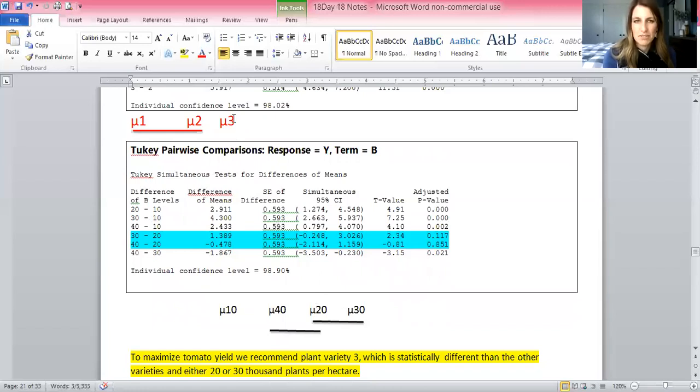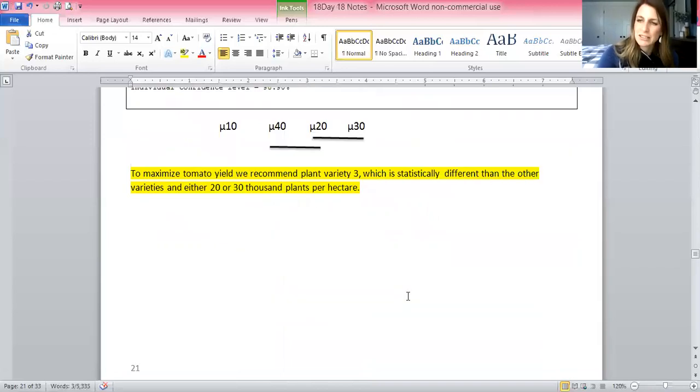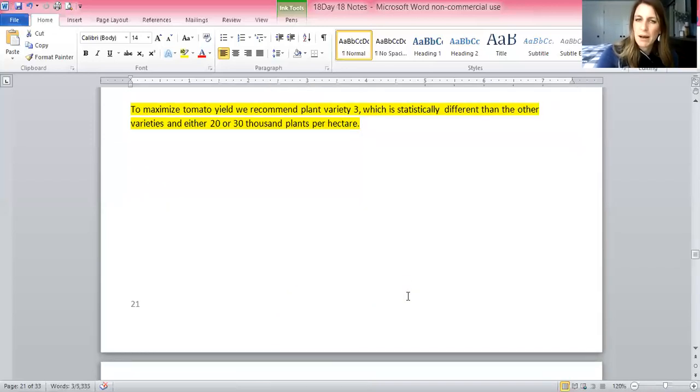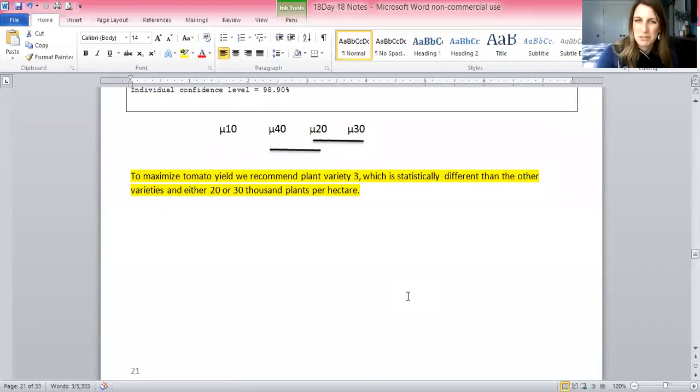But variety 3 is different from the others and it gives you the highest yield. So I would originally say 3 with 30, the highest, but since 30 and 20 are the same, it could be 3 with 30 or 3 with 20. And I'm going to make a statement about that, because that's what we're interested in, the best, to maximize. So always think about that. I will try to be specific with my question so you know how to write that up. But there it is, something pretty simple for a write-up for your grand conclusion.